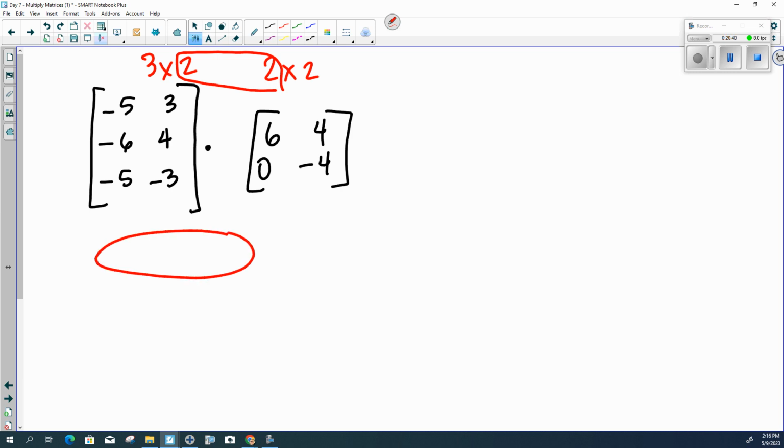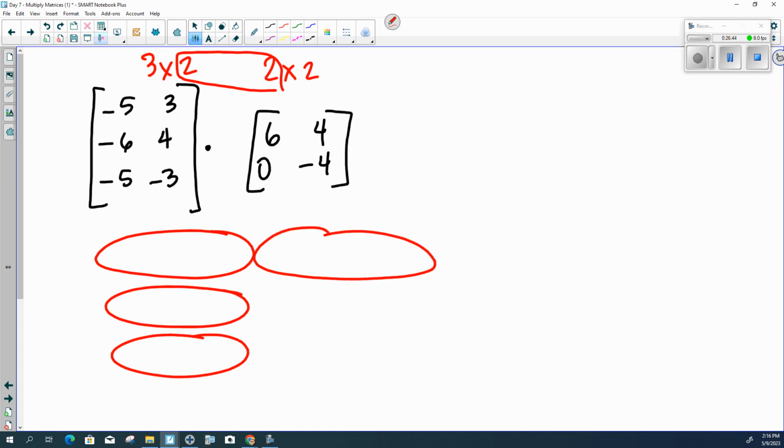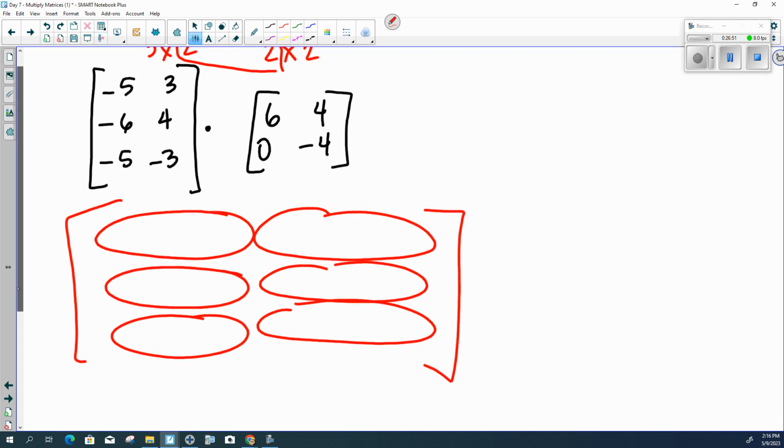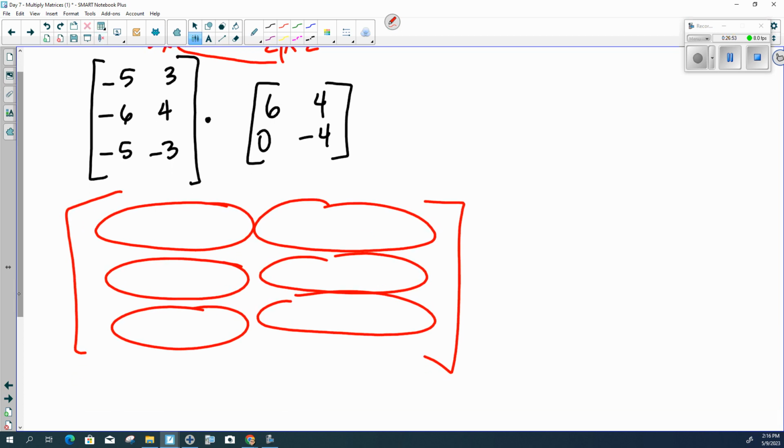So a 3 goes this way, and the 2 goes this way. It is a 6-pack. I should have been an artist. Just kidding. Okay, let's start multiplying them. We are going to focus on row 1, third time's a charm. Column 1.